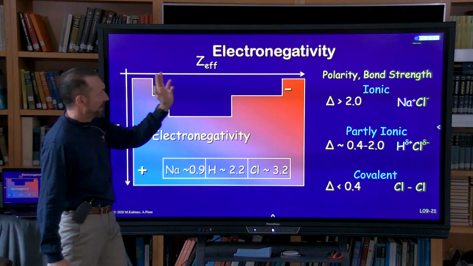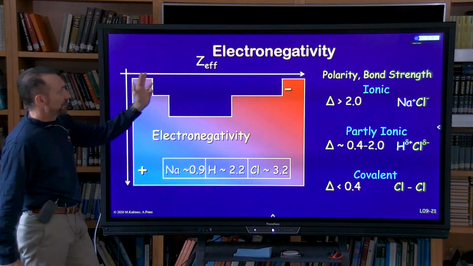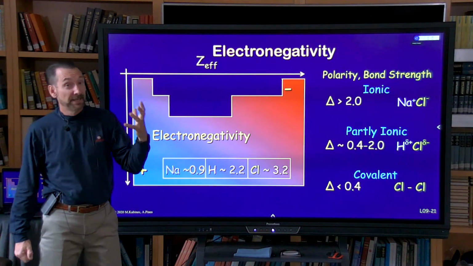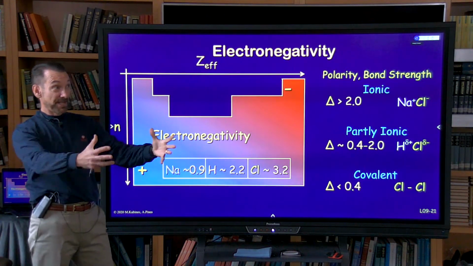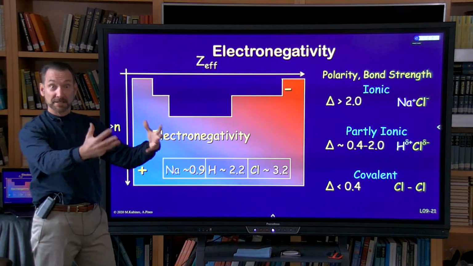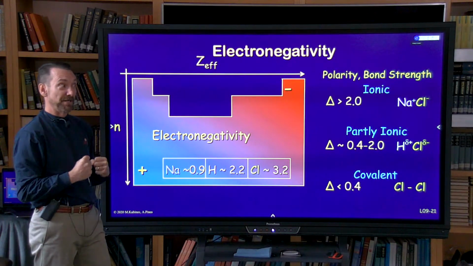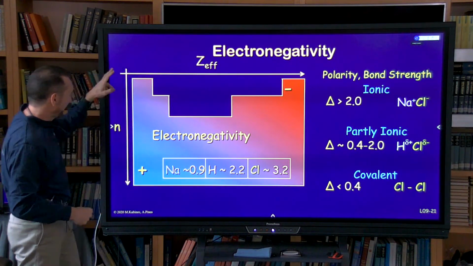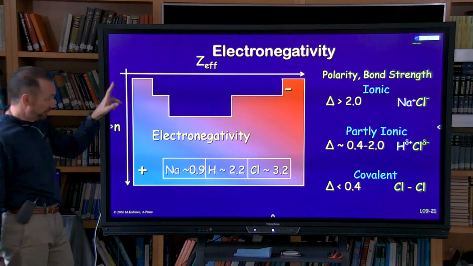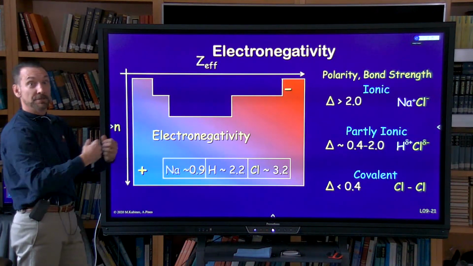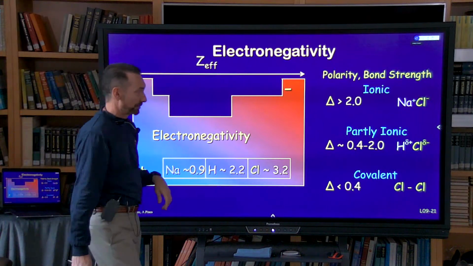We saw the effective nuclear charge increase as you go across, and you say, well, if that's getting bigger, that should make me electronegative. That should attract electrons. If I have a bigger effective charge, I'm better at attracting it. And the radius makes a difference too. A bigger radius makes you less able to attract electrons to yourself.